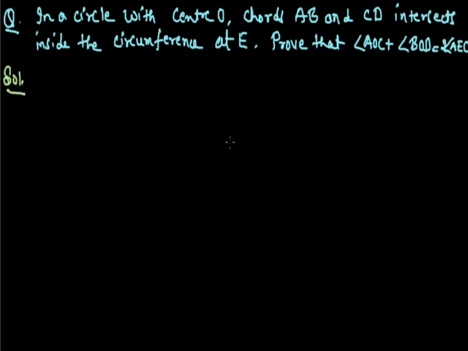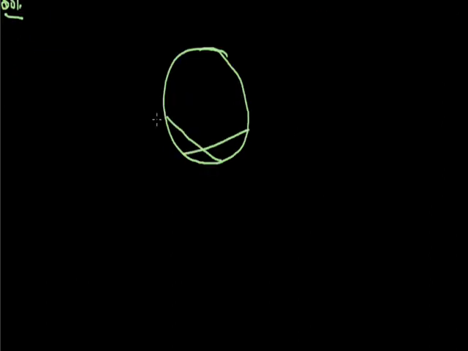Solution. In a circle with center O, this is chord AB, this is CD. Now O is the center of the circle. Now join AO, OC and BO, OD, and join AD.